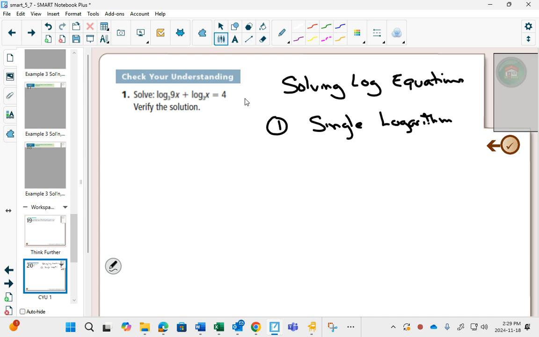Do we have a log law that could put those together? Yes, absolutely. Two logarithms with the same base added together, you multiply the insides, which is called the arguments. So I can multiply 9x times x, agree that I would get 9x squared. And so now I have written this as a single logarithm.